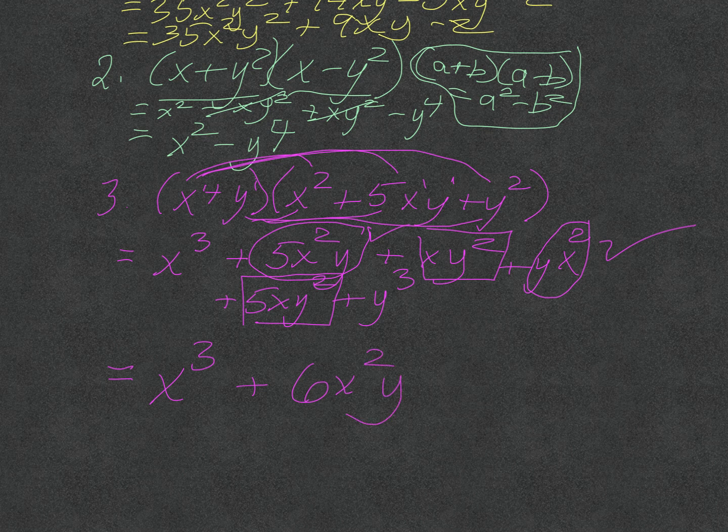And then now we'll look at this one and this one, xy squared, and we have a 5 plus a 1, so plus 6xy squared, and then plus y cubed. Okay? And that would be the correct solution. Okay? Questions? I think you got it.